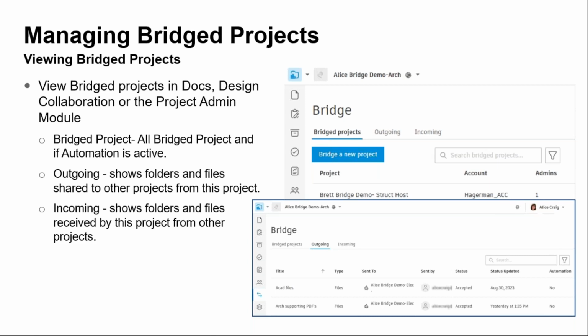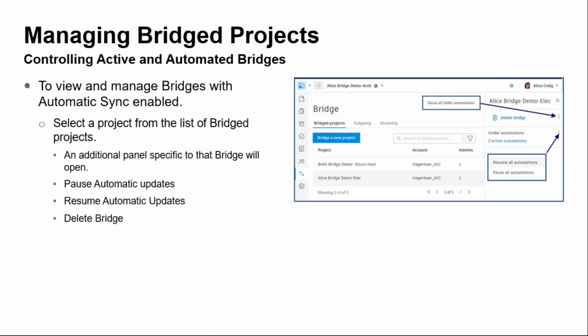Selecting on the Outgoing or Incoming Bridge tabs provides additional details about the bridge, who created it, and the current status. Selecting on a bridge project provides additional tools to manage the bridge. If there are folders with automatic sync, it will be noted under Folder Automations.